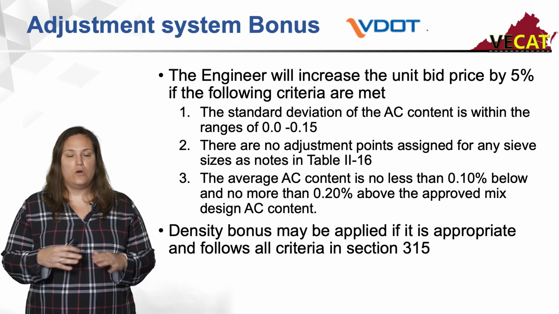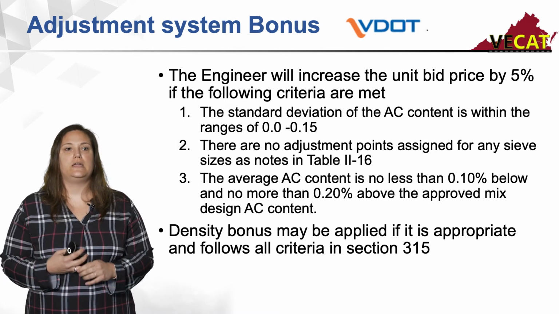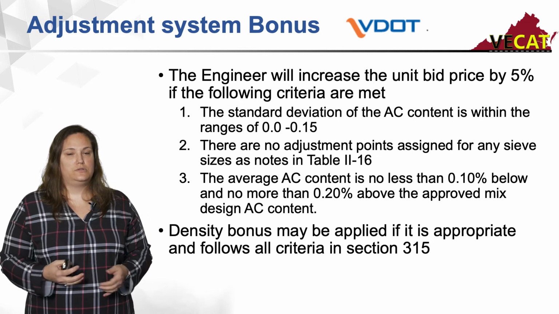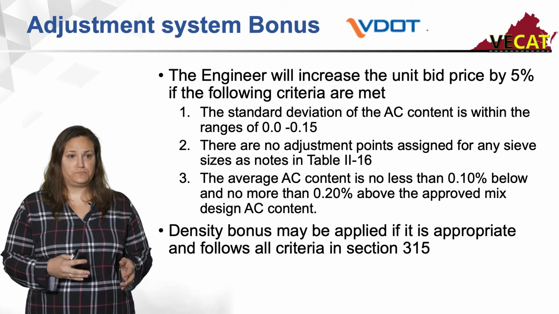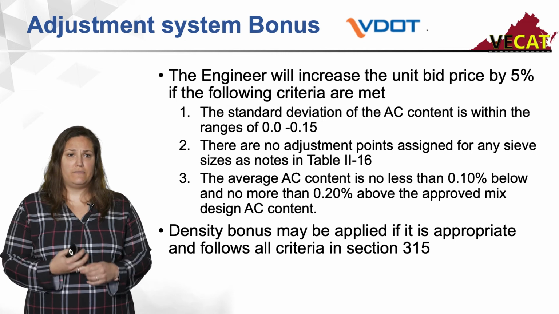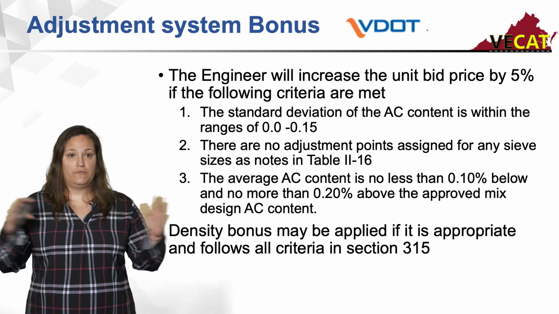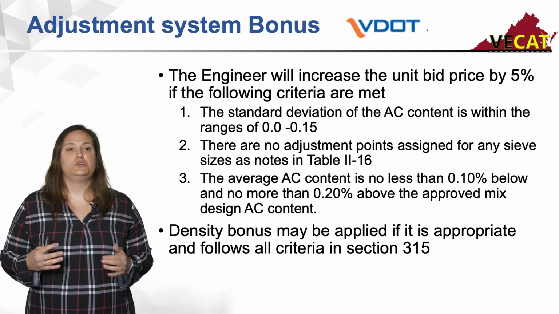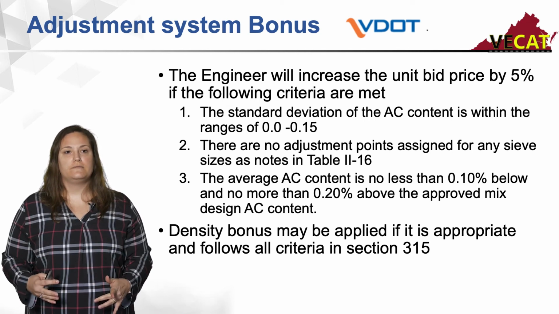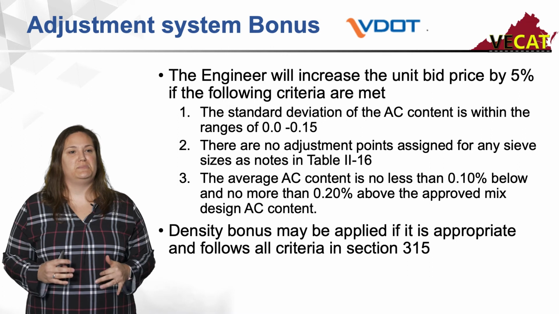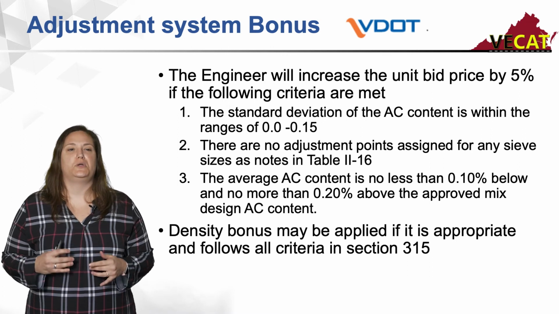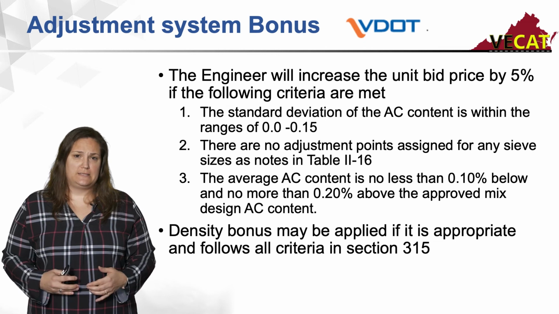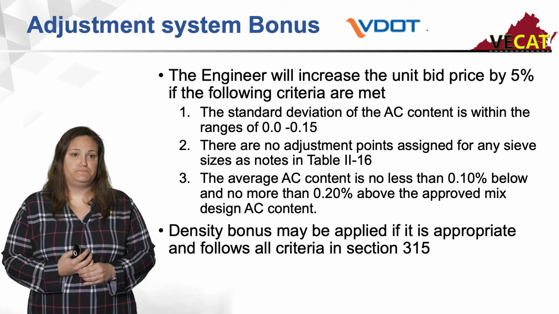There are no adjustment points assigned for any of the passives noted on Table 216, and the average AC content of the project is no more than 0.2% above and no less than 0.10% below the approved job mix, your design AC content.